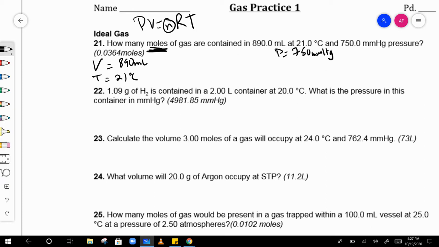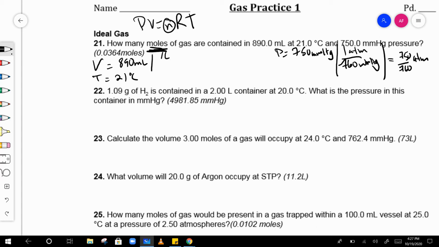Let's start with pressure first. We have to convert it to atm. So 1 atm is 760 mmHg, so essentially it's going to be 750 over 760 atm, whatever that is. I don't have my calculator with me, so I'm not doing it.